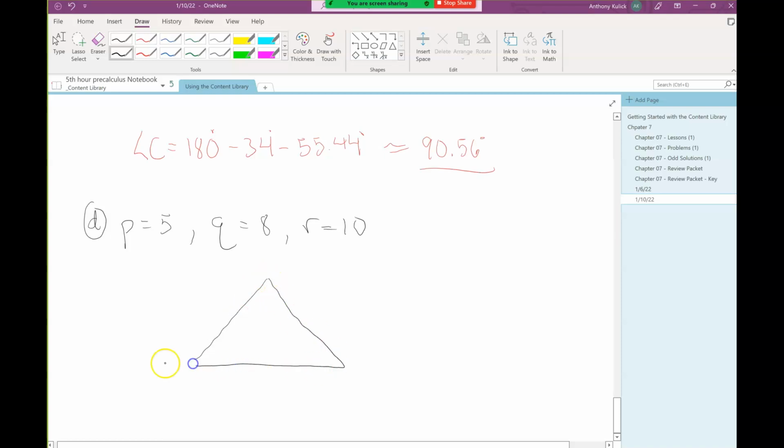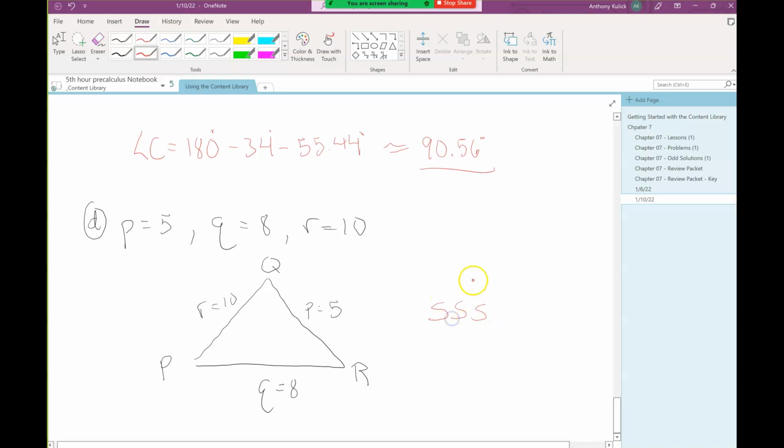Well, go ahead and draw my picture. What situation do we have here? Clearly side, side, side, right?